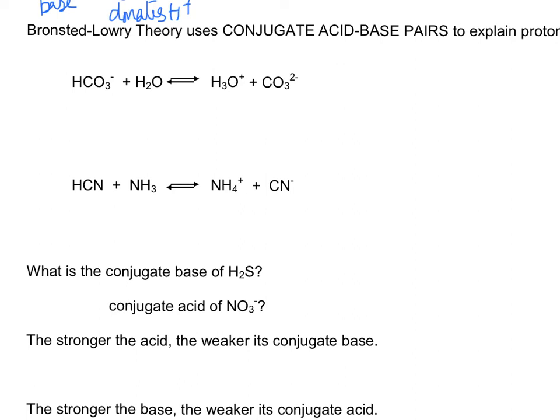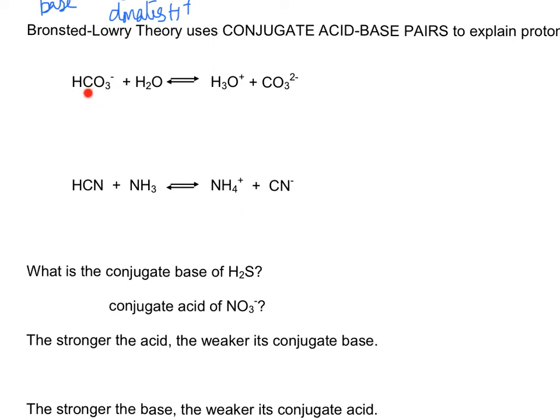So let's look at this right here, the HCO3 minus. Did it accept or donate a proton? If you look at the HCO3 minus here, the one that looks similar to it is the CO3 minus here. So going from HCO3 minus to CO3 minus, it looks like this donated or gave away an H plus to become this.